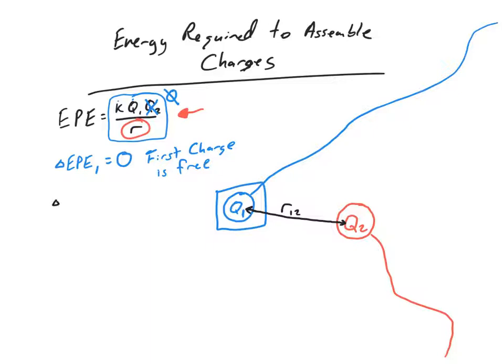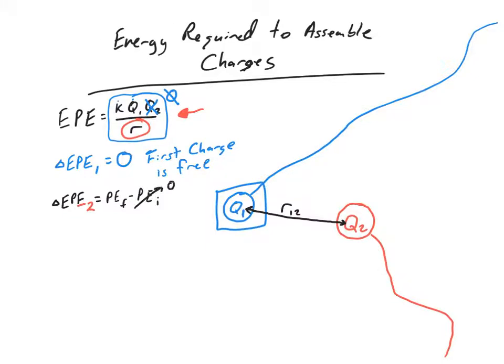The change in electric potential energy for the second charge is equal to potential energy final minus potential energy initial.